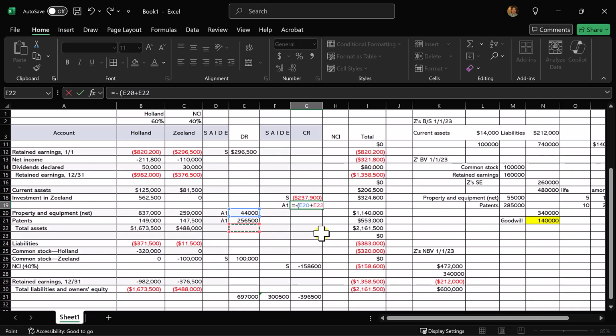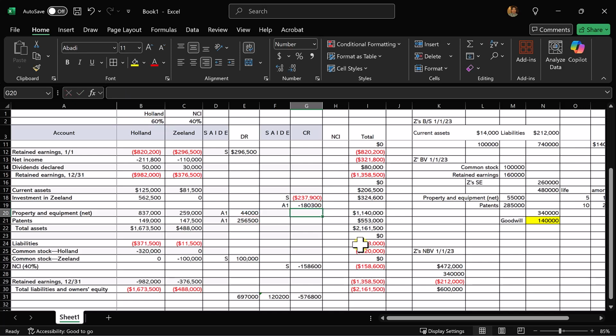Here's the second debit. Close paren, multiply it by 60%. Let's see. And then the other one is over here, yeah? A1 credit, that's a negative. The same two debits here total times the 40%.